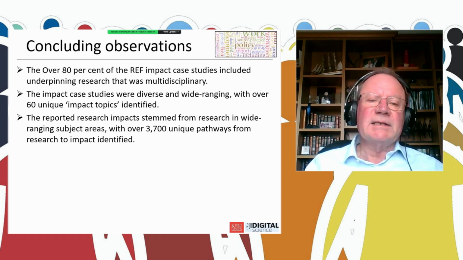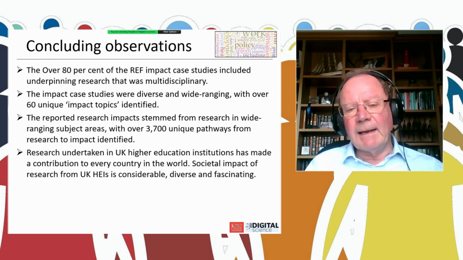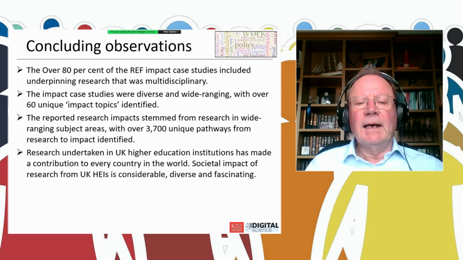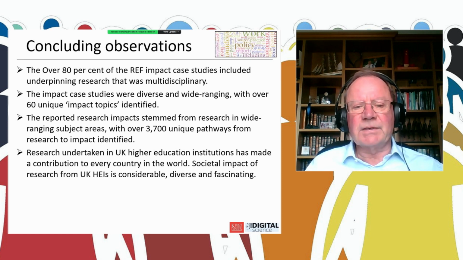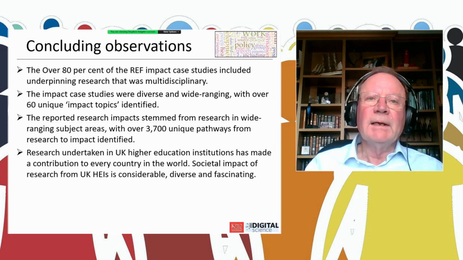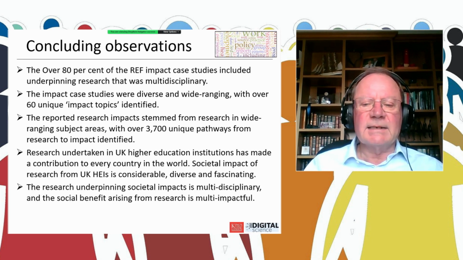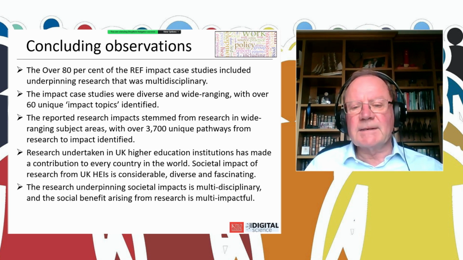Unique pathways have been uncovered where research can be moved along the channels towards developing impact more rapidly, and also that the higher education institutes were obviously not only contributing to economic and technical advances, but very considerable societal impact, not only in the United Kingdom and Europe, but in the world in its various manifestations.